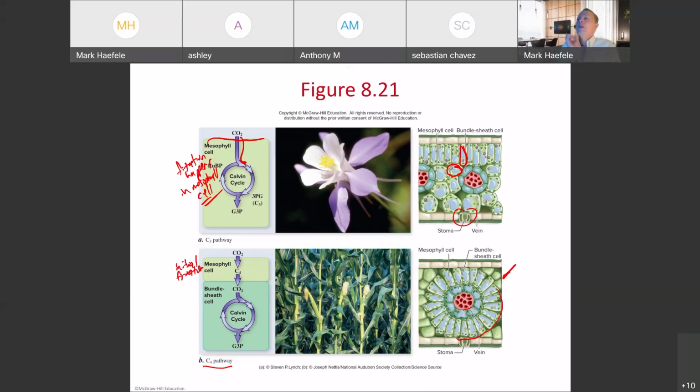Even if you have just a very little bit of CO2, that PEP carboxylase is going to grab onto that CO2 and dump it into this 4-carbon molecule, which is the reason why we call it C4. And then this 4-carbon molecule is transported into the bundle sheath cell, where you're going to find the Calvin cycle, and it's going to be dumped into the Calvin cycle.